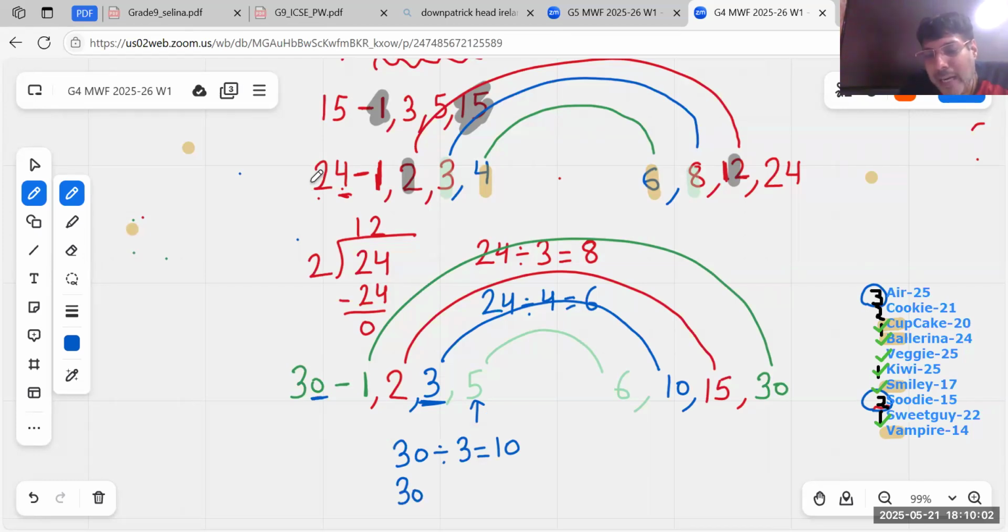So if you divide 30 by 5, I will get 6. So we have to divide, beta, so that we don't miss factors.